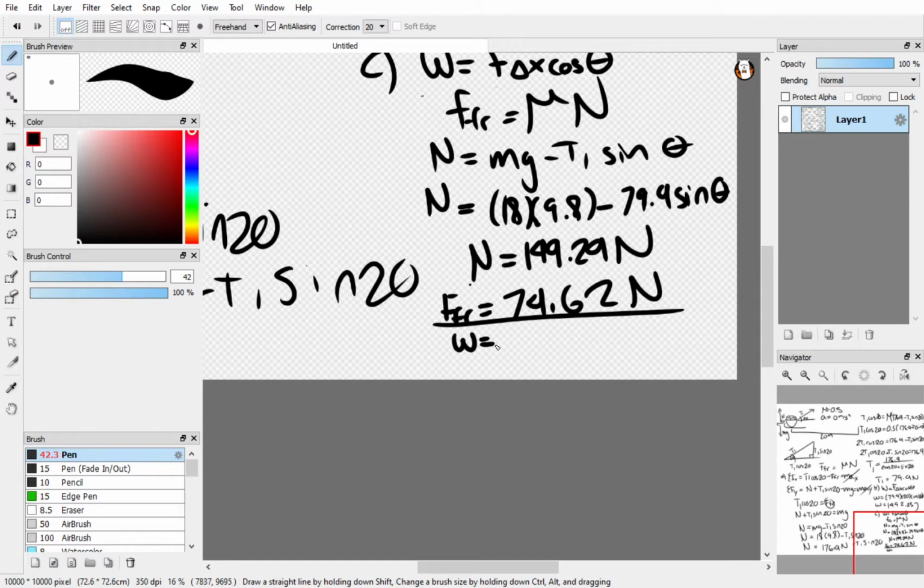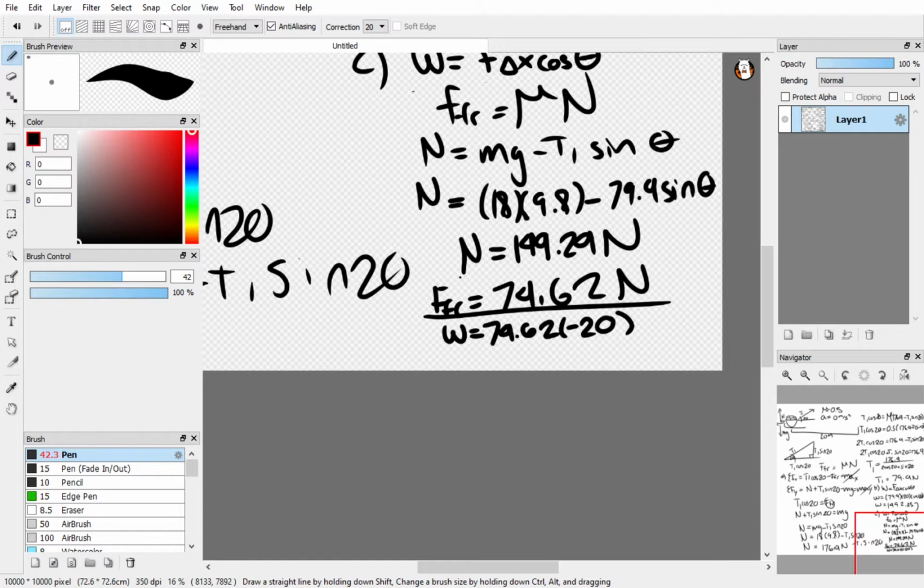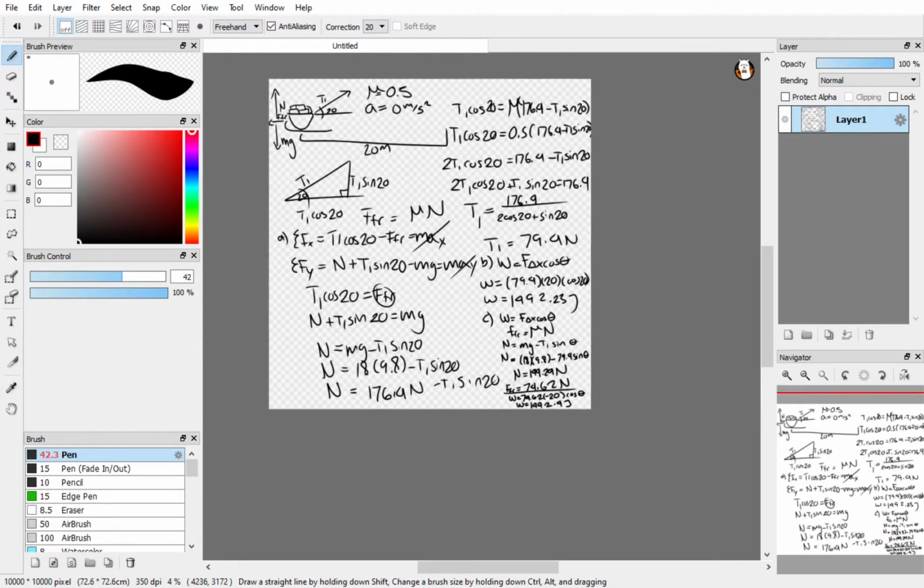So W equals 74.62 times negative 20, because the delta x is going in the direction opposite to the force of friction, cosine theta, and then that would give you a final answer of 1,492.4 joules. That's the solution for question number 7 on the homework for chapter 5.